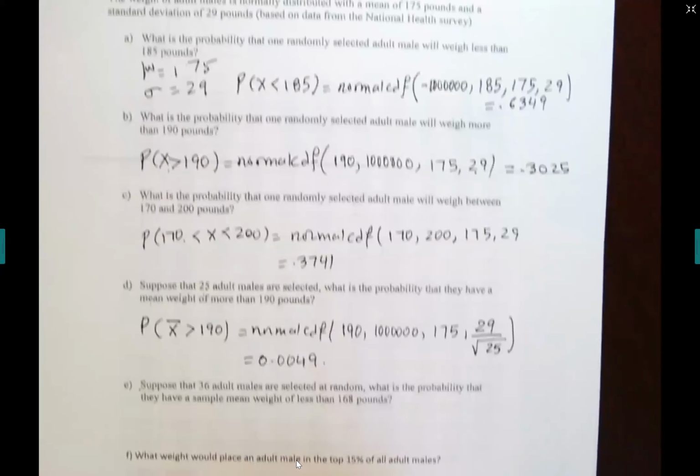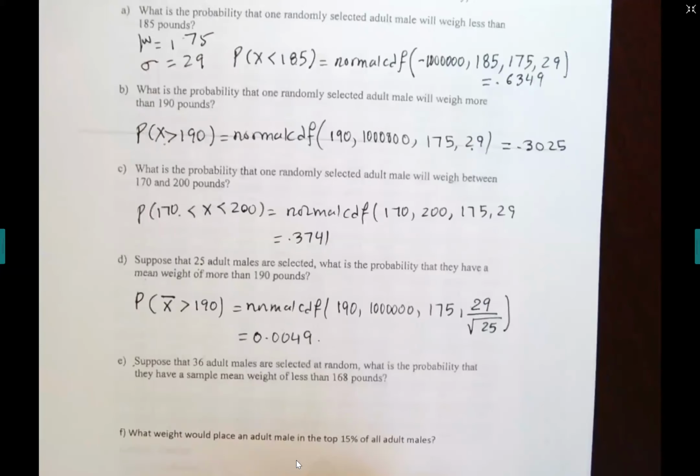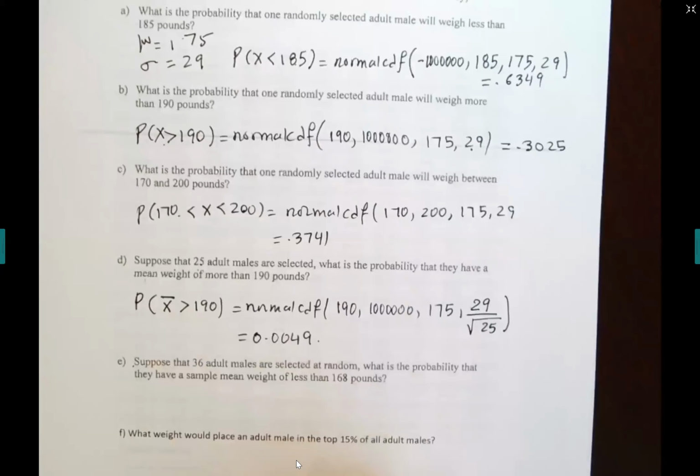All right, next one. Suppose that 36 adult males are selected at random. What's the probability that they have a sample mean weight of less than 168 pounds?